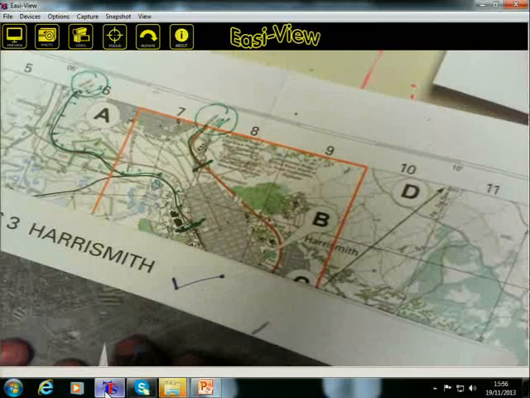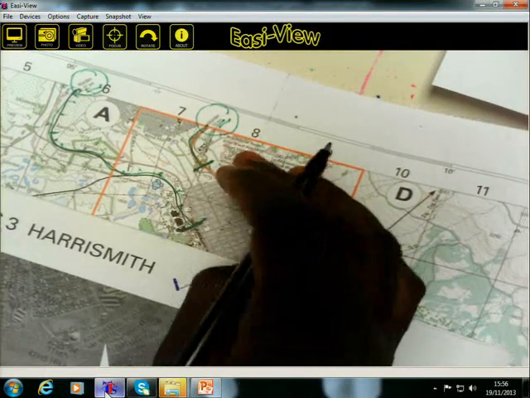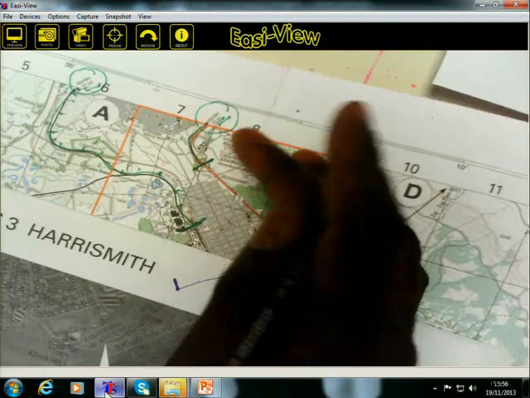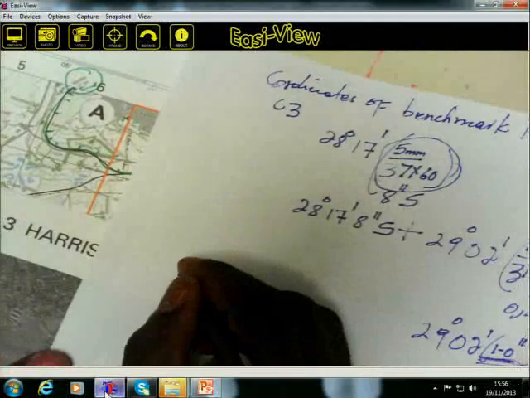Why are the pictures more clearer here than you have it over the topographical map?